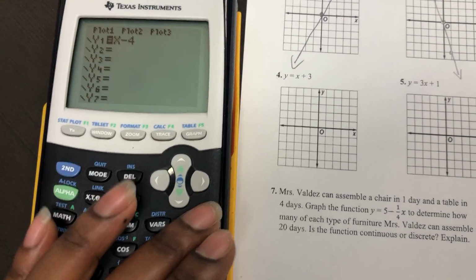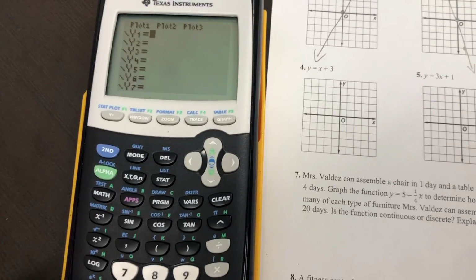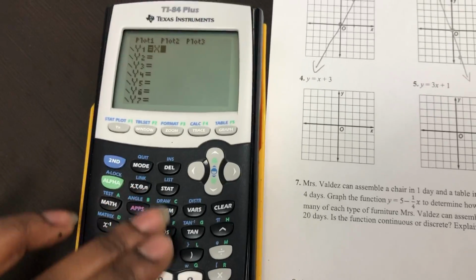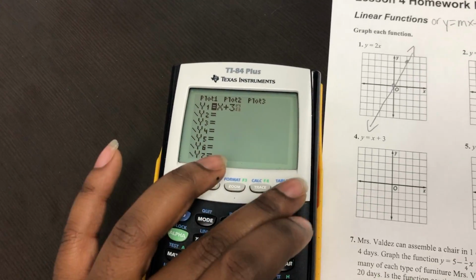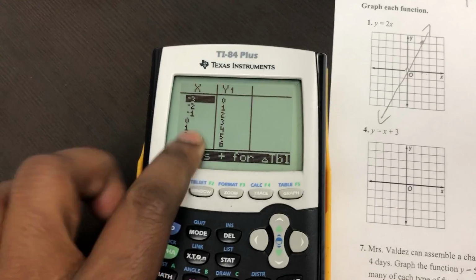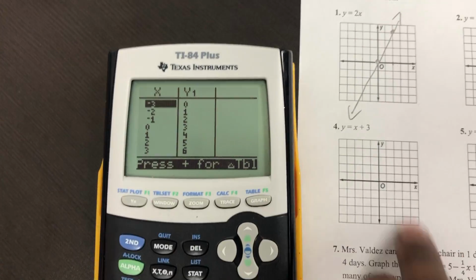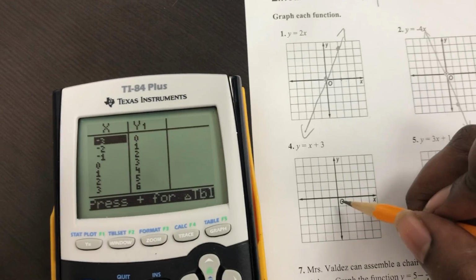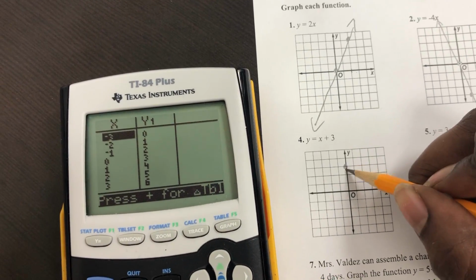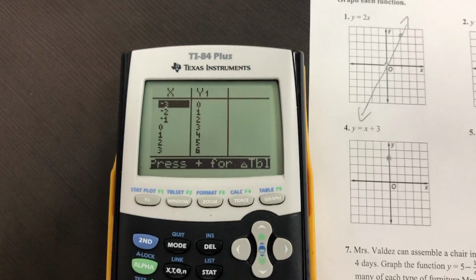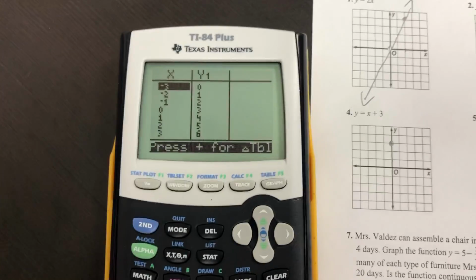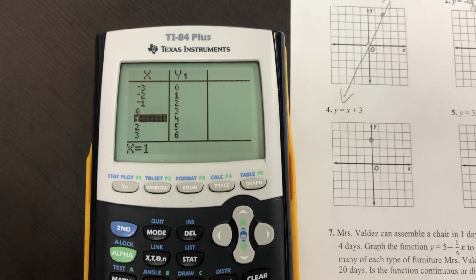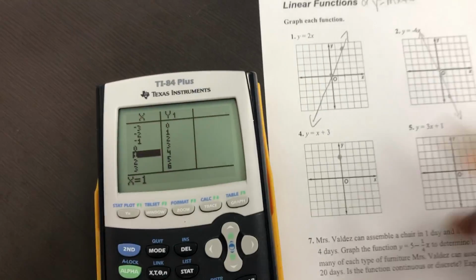So for number 4, x plus 3. So I'm going to just type x plus sign 3. Second graph. My y-intercept is at +3. We know that because our y-intercept is +3 right here. So 1, 2, 3. And then let's plot, why not, 1 and 4.